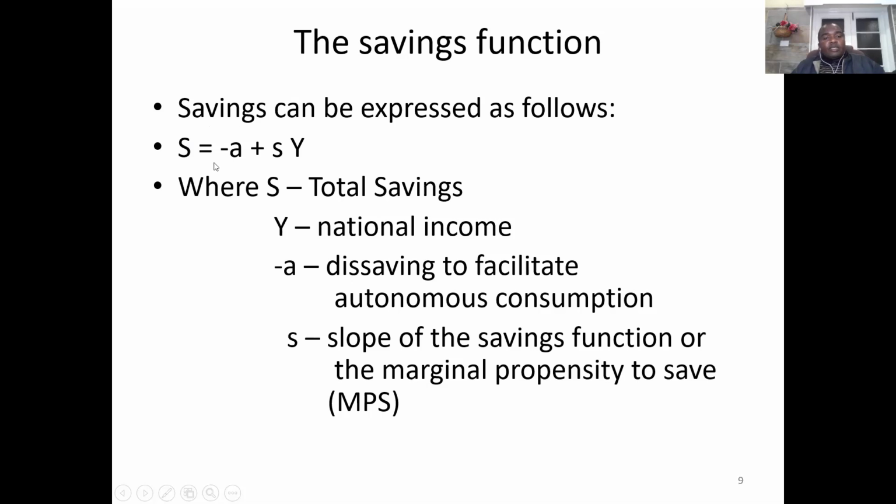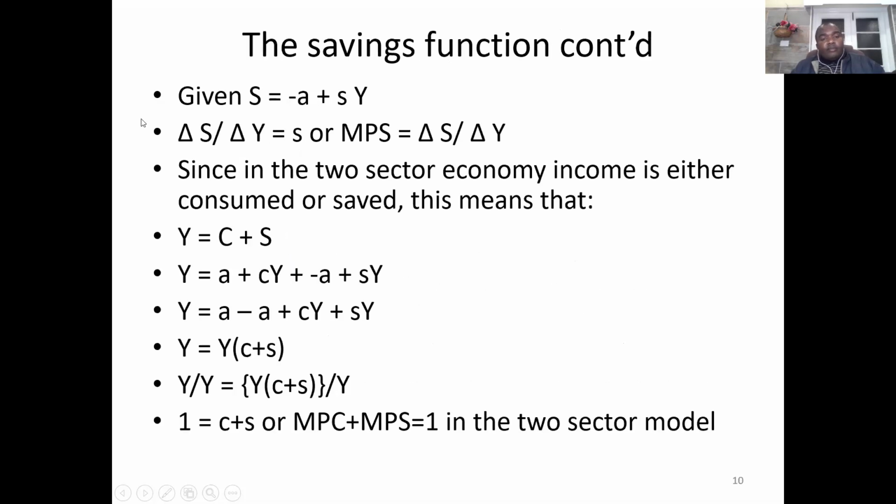Savings can be expressed as S equals minus autonomous consumption plus sY, where minus a is simply the negation of autonomous consumption, which is just dissaving, plus sY, s being the marginal propensity to save, and capital letter Y being national income.